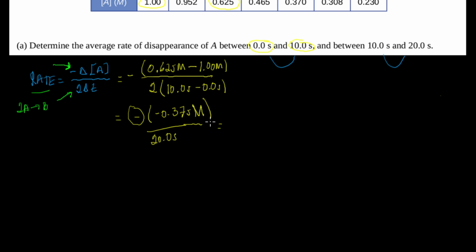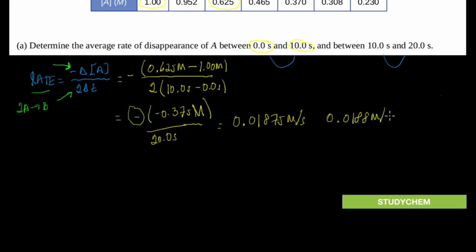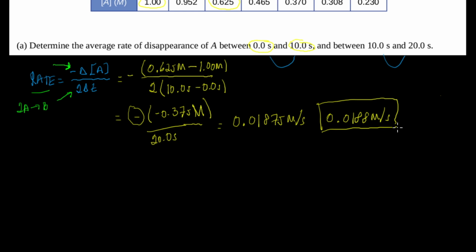So if we calculate this ratio, we get a value of 0.01875. The units here are molarity per second, and of course we would want to round this off to 3 sig figs. So that's the average rate of the chemical reaction.